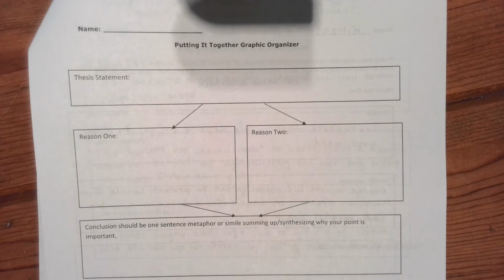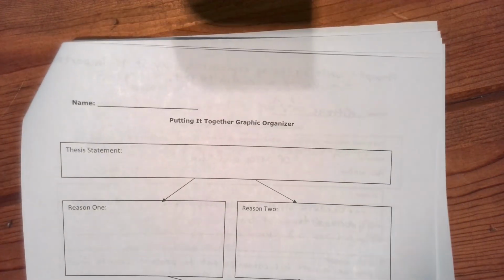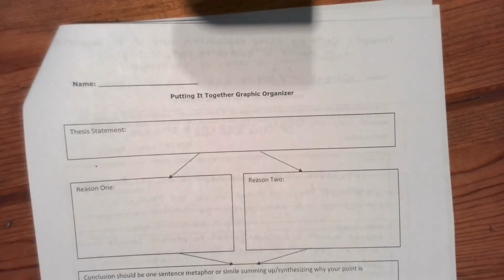Or lastly, if you do not have your essays available to you, you can flip all the way back to the end of your packet. Take a look at the prompt for today's essay. Write an essay explaining whether failure can strengthen a person, and write on that prompt. No matter what prompt you choose, just be sure to write it at the top of your page so that your teacher knows what prompt you are writing on.